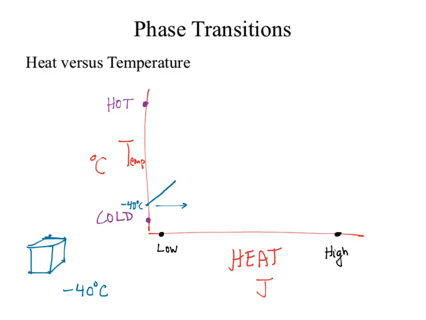Then something magical happens. At what point? Zero degrees Celsius. What is at 0 degrees Celsius? It changes phase. It moves to a liquid. So I'm adding this heat, and I've now achieved my 0 degrees Celsius. What happens as I continue to add heat?